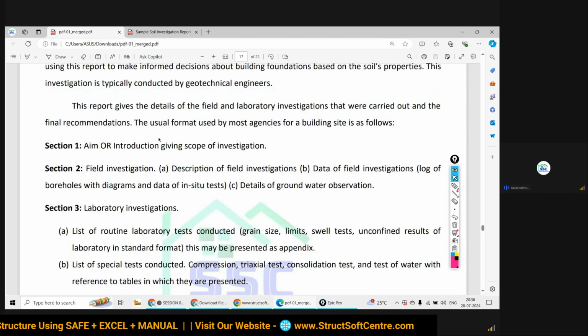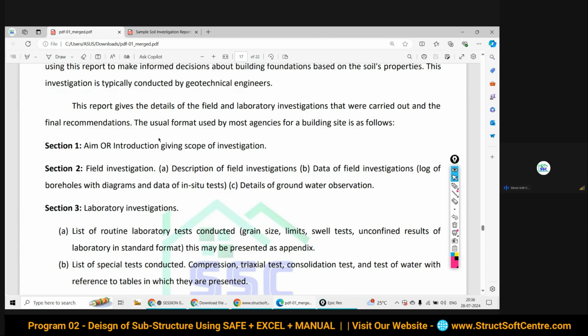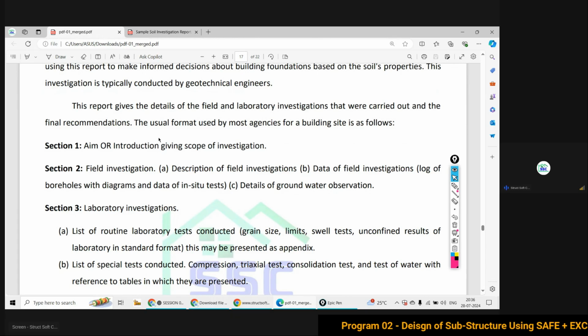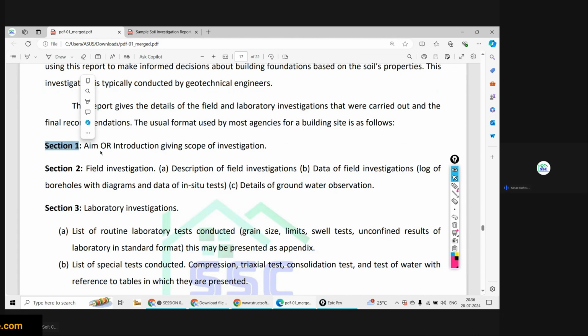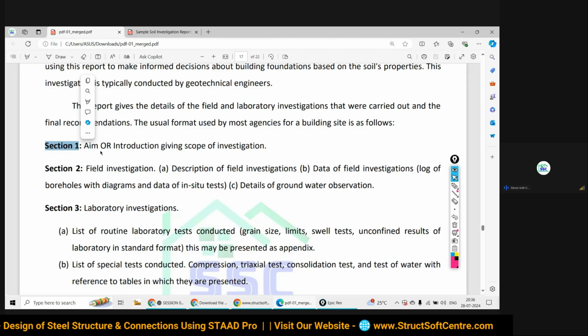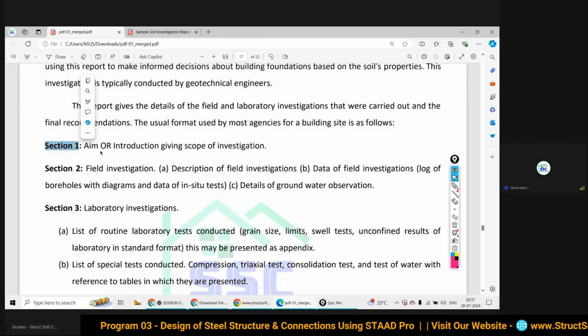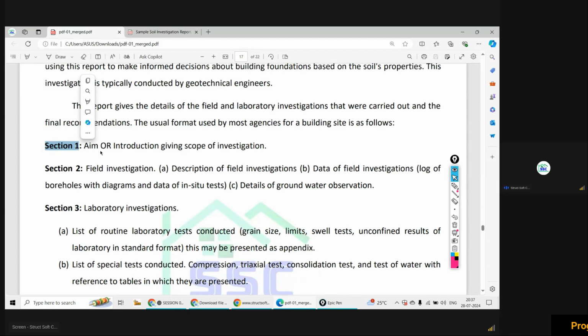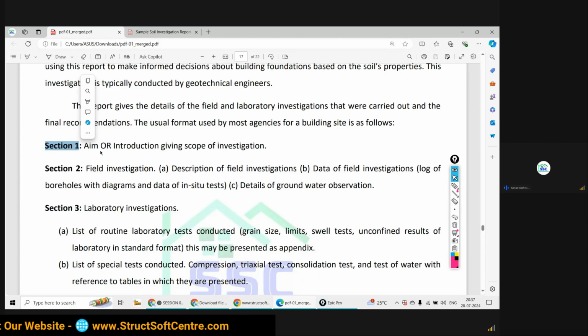Now we will list out the content in a proper way, and we are going to present it to the structural engineer, meaning it is coming to us for the designing of the foundation. So section 1 of the soil investigation report will have the aim, for what purpose you are going to execute the soil investigation. And what is the scope of the investigation, why are you doing it, what is the definition of the project, the location of the project. All these things you will find here in the introduction giving the scope of investigation. Take any soil investigation report, the title may change, but the things will be the same.